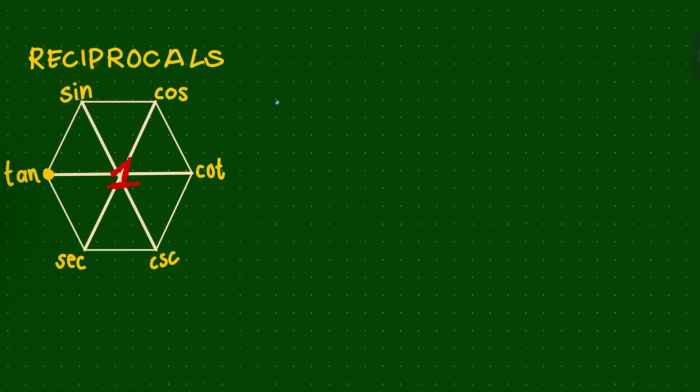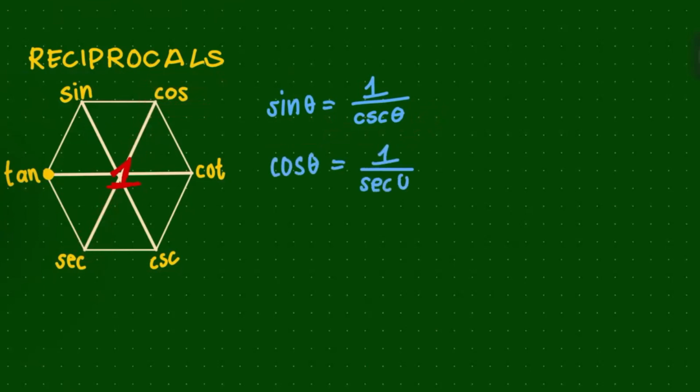So sine equals 1 all over cosecant. Similar process goes with cosine, goes to 1 and divided by secant. Similar process with cotangent, 1 and tangent.